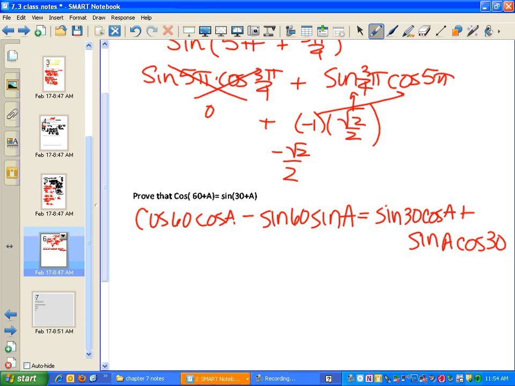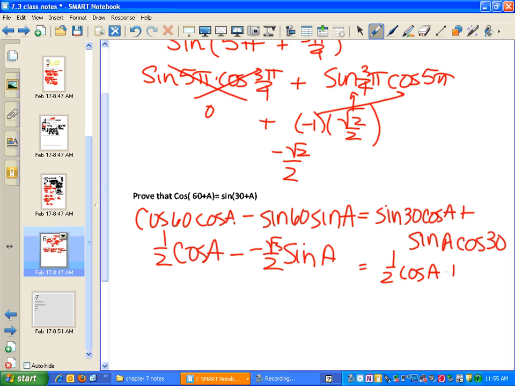Okay, the cosine of 60 is 1/2, so this is 1/2 cosine of a. The sine of 60 is negative root 3 over 2 sine of a. And this is going to equal 1/2 cosine of a plus cosine of 30 square root of 3 over 2.